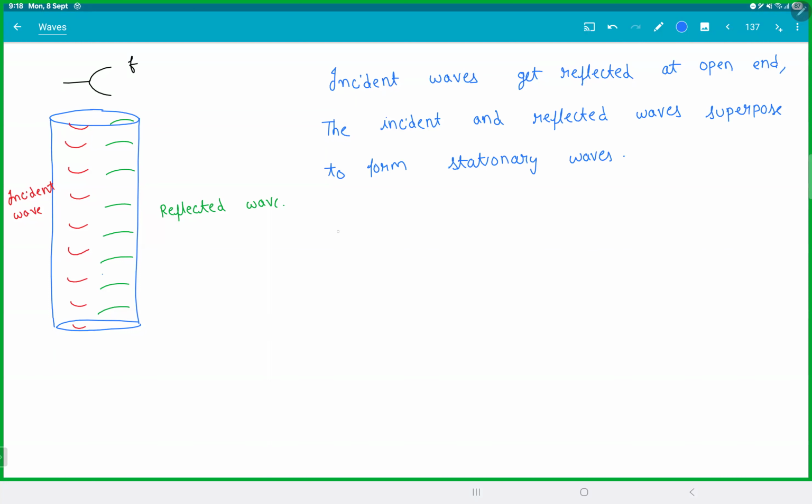So the equations would look like this. So delta P incident. Again, I'm just writing general equations.